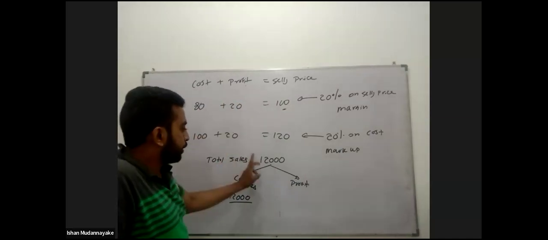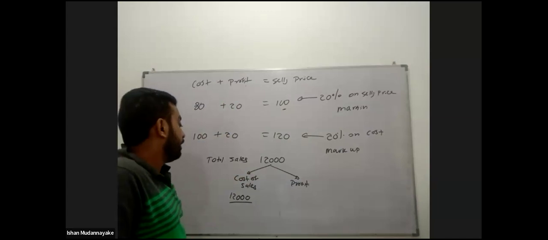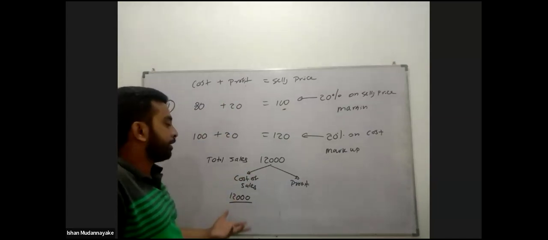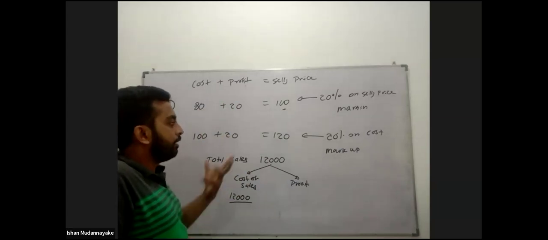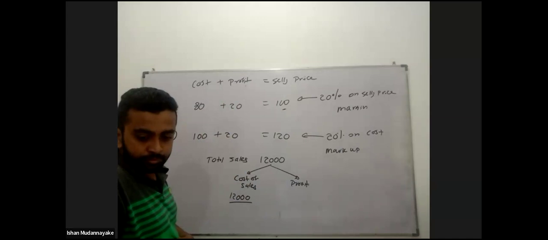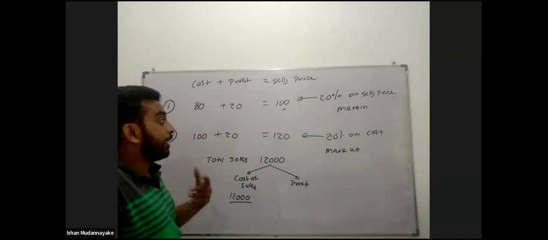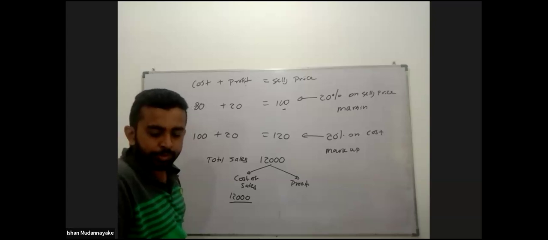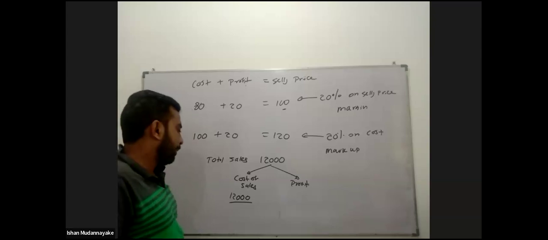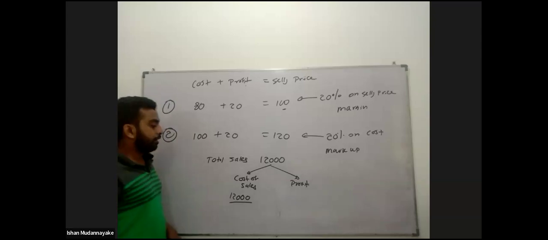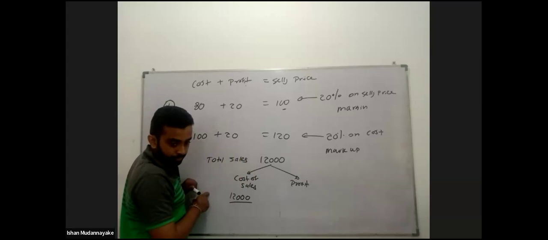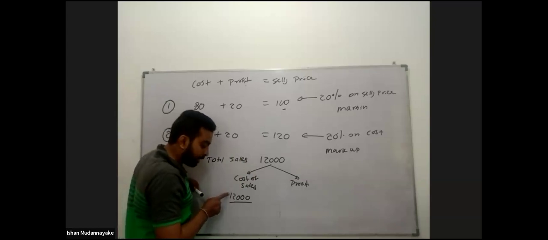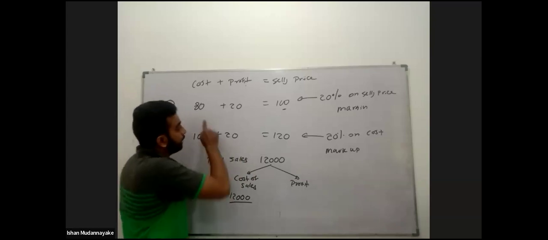The pricing policy of the business is to add 20% on selling price. Then in the business organization, total sales 12,000. You need to find out the cost of sales included in this 12,000. The sales are divided by the equal amount.